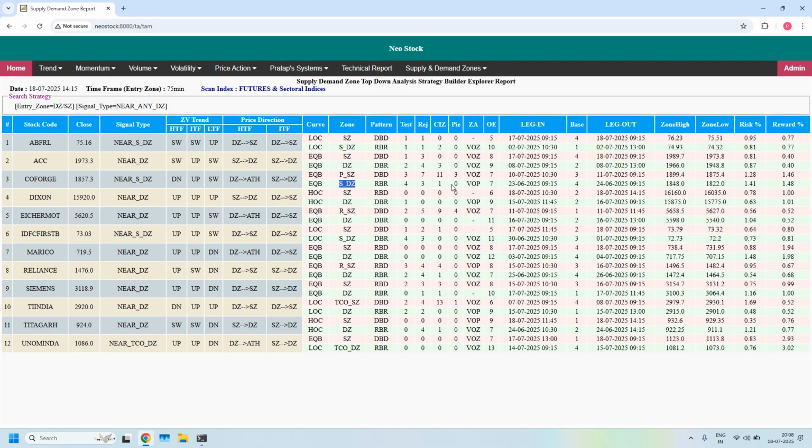Coforge is having a 75 minutes high liquidity demand zone. IDFC First Bank having a 75 minutes high liquidity demand zone. That's it. We identified 3 75 minutes high liquidity demand zones from this list.